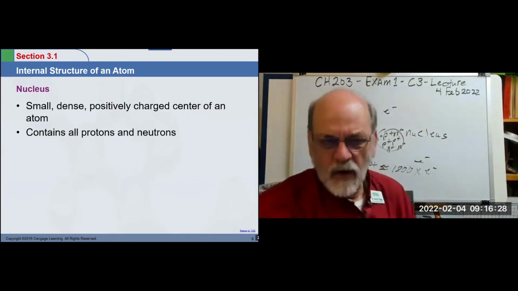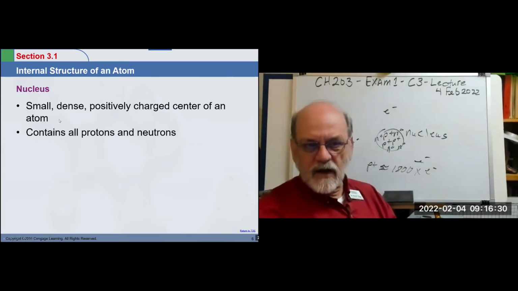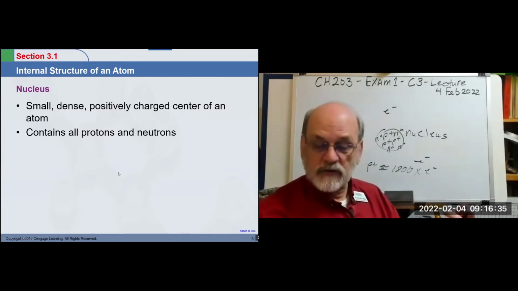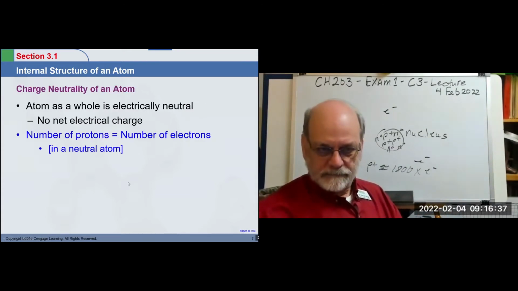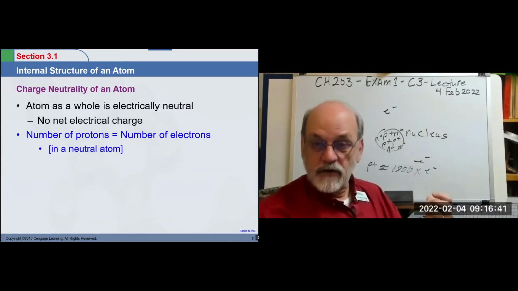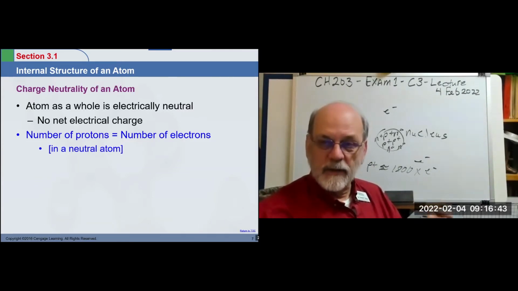Okay, so I described the nucleus just a second ago. Small, dense, positively charged protons and neutrons. The atom is neutral, and it's neutral because the number of protons equals the number of electrons.